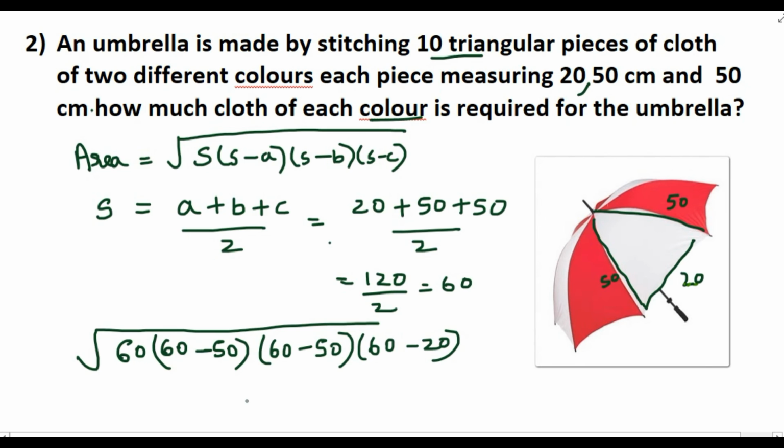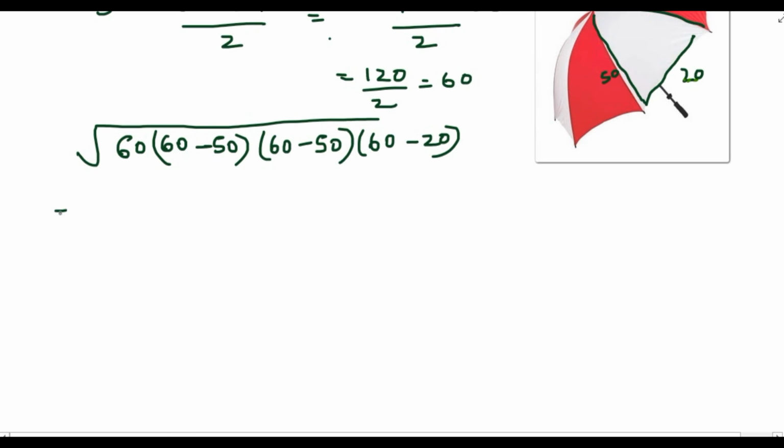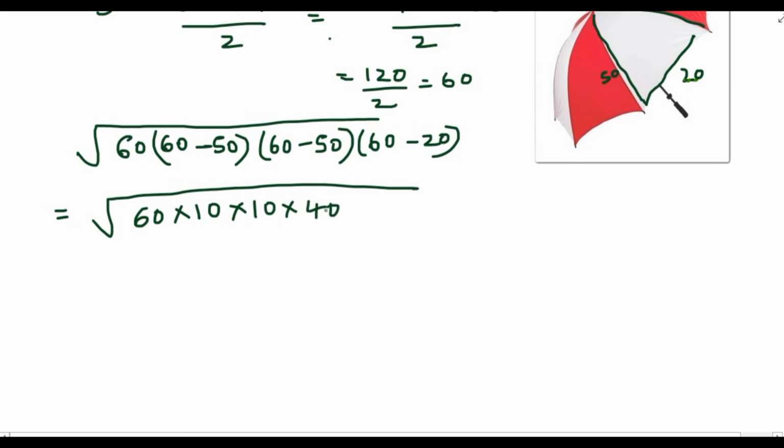So which is equal to square root of 60 into 10 into 10 into 40. This we can write as, 10 we can take outside. Again square root of 60 into 40.